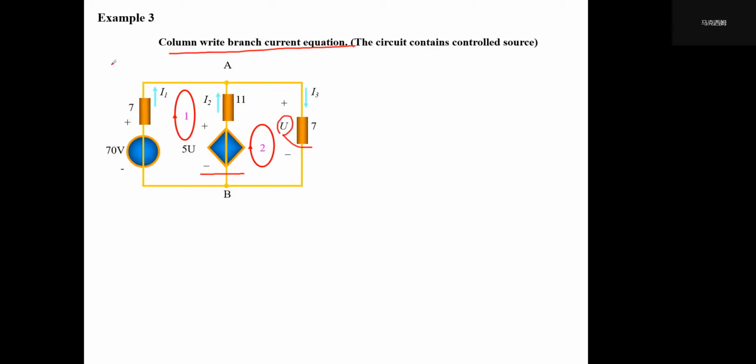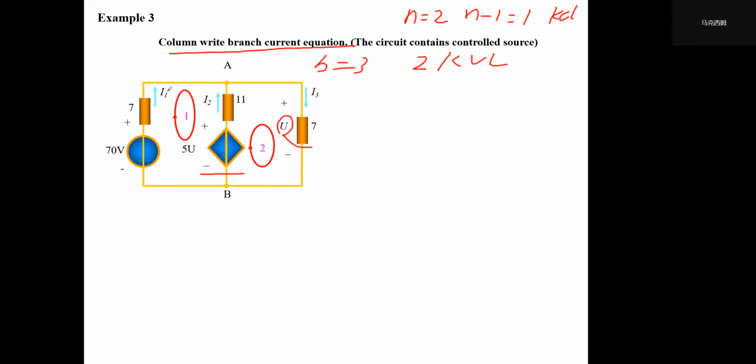So still, we have two nodes, n equals 2, n minus 1 equals 1. So 1 KCL. And obviously, we have 3 branches, B equals 3, so we have to list 2 KVL equations. Together they will form 3 equations.